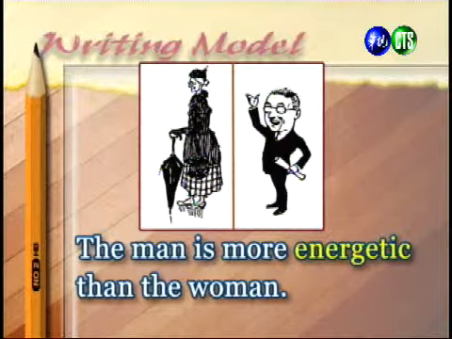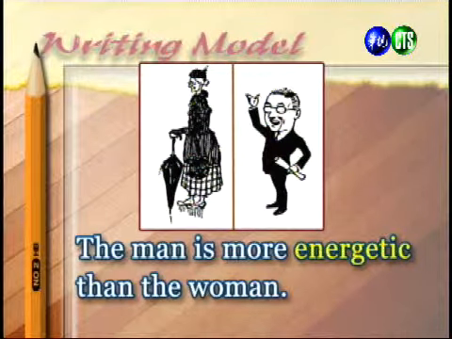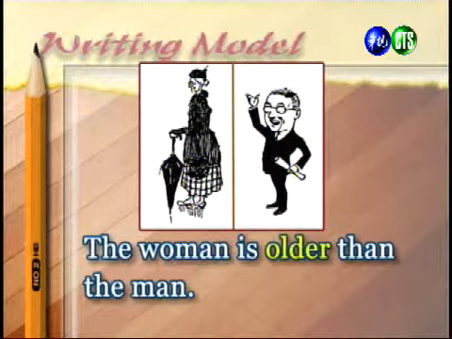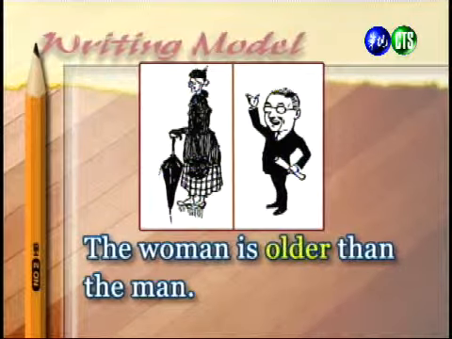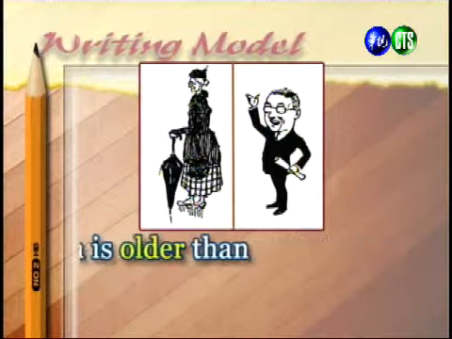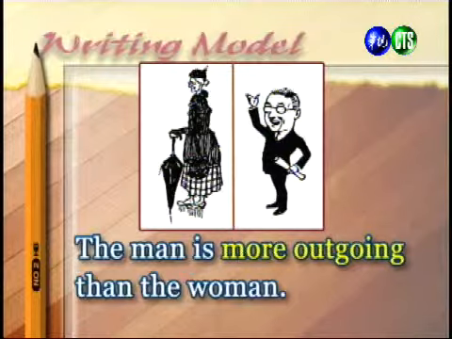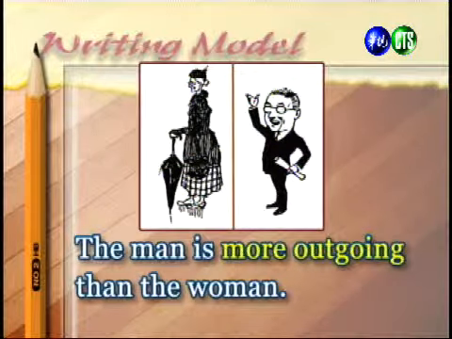Another sentence is about the woman. We see this woman is older, so our sentence is, the woman is older than the man. We also said that the man is a politician. He likes to talk to people. So how about this sentence? The man is more outgoing than the woman.